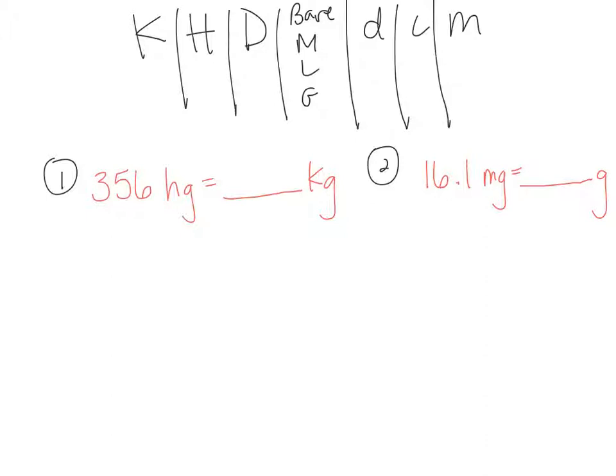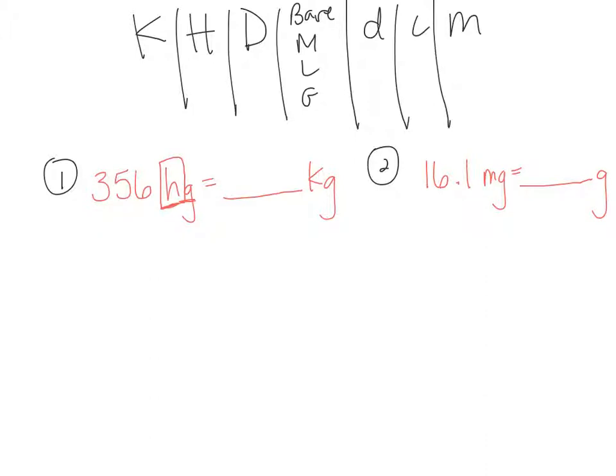Let's try 2 more examples. My first example says if I have 356 hectograms, I want to know how many kilograms that is. Even though I'm working with grams here, that's just the base unit, I'm still going to look at my first letter, H, hecto.